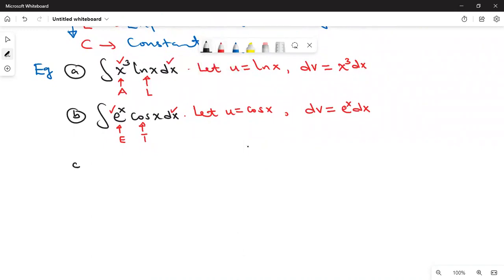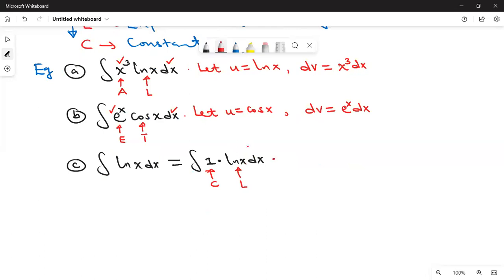Part C, let's say you want to integrate ln x dx. Remember, this can be written as the integral of 1 times ln x, because I simply need a product of two functions. One is a constant, ln x is logarithmic.